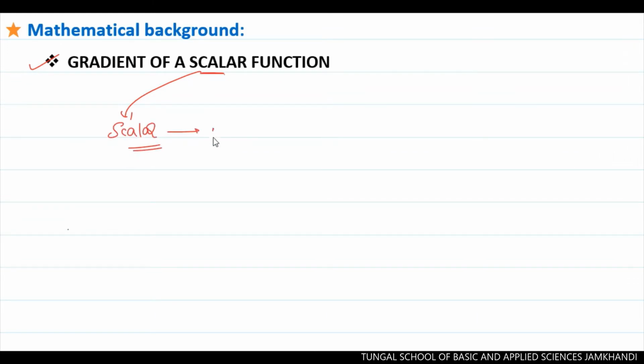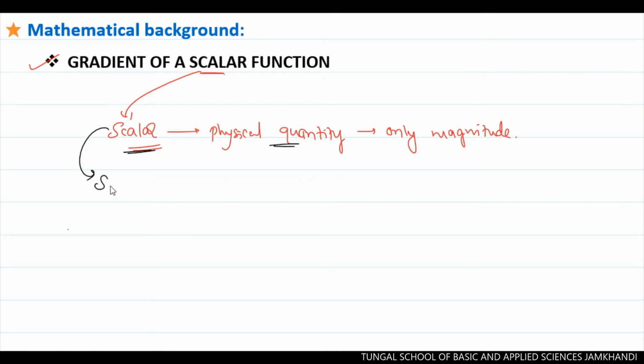A scalar is a physical quantity which has only magnitude. Those physical quantities which have only magnitude are called scalar quantities or scalar functions.